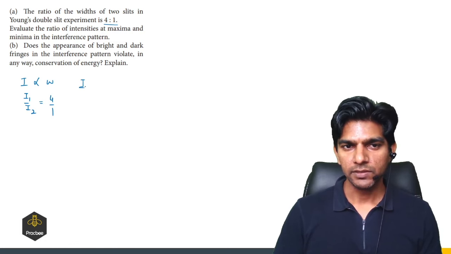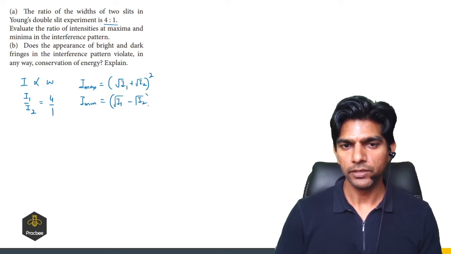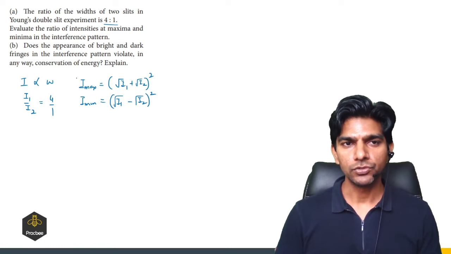And we know what the maximum intensity is, right? It is the square of root I1 plus root I2. And similarly, the minimum intensity is the square of root I1 minus root I2. Now we have to find the ratio of intensities at maxima and minima.